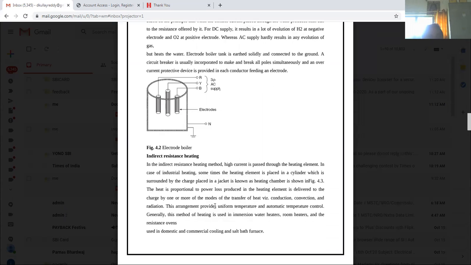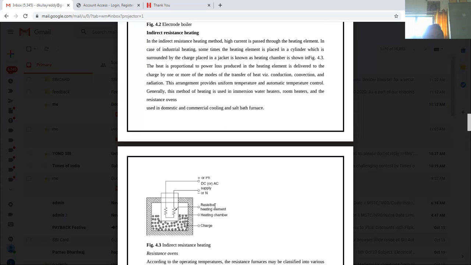Next, the indirect resistance case. See here, this is the substance, heated in one separate chamber. When you give the supply, the chamber is heated, and by the convection process this heat is transferred to the substance. For example, when we give supply to an air conditioner, it transfers coolness throughout the room indirectly by convection, conduction or radiation.